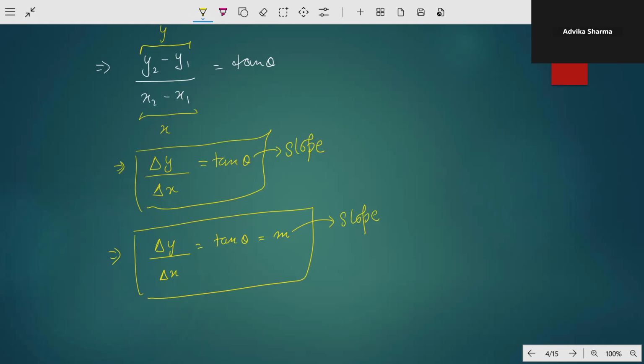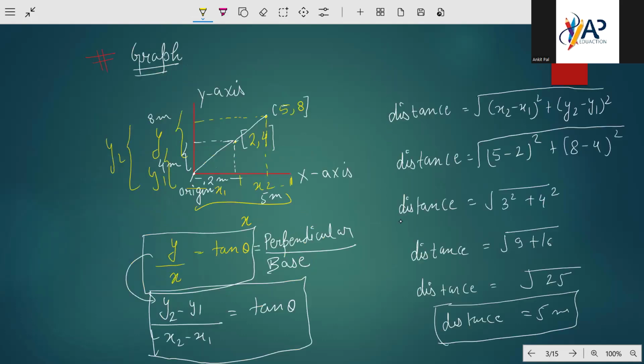There is an equation of a straight line. Suppose that we draw this, a straight line.